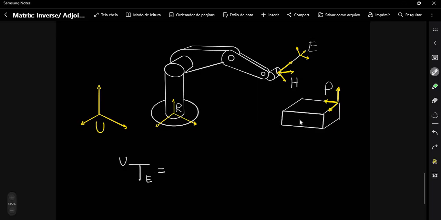Well, as this workpiece is a body separated from the robot, we can write a path.